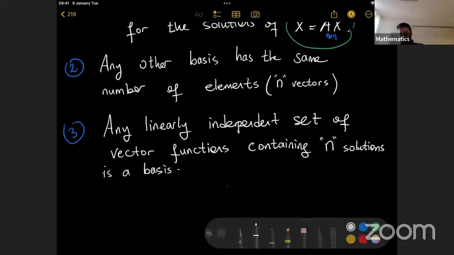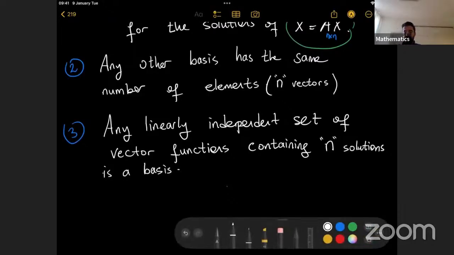All right. The question is, how do you check the linear independence of the solutions? This is what we did earlier. It's quite similar to what we did earlier. Let's talk about this.